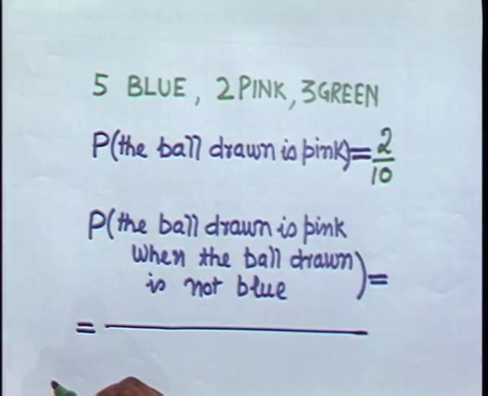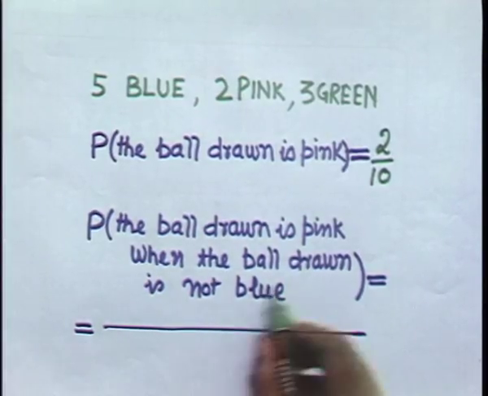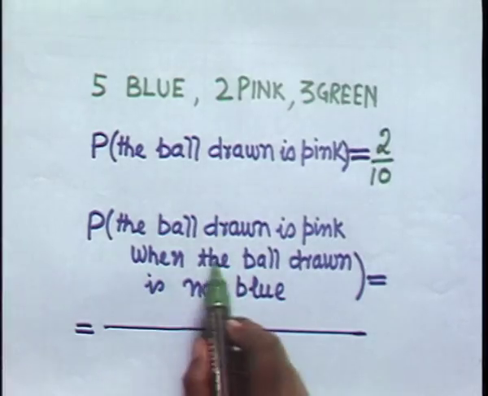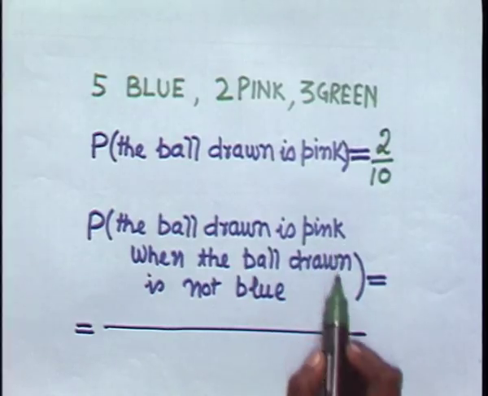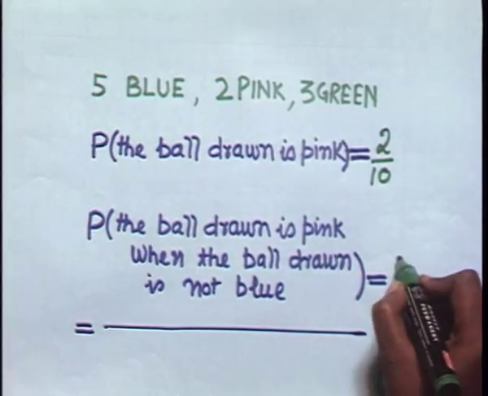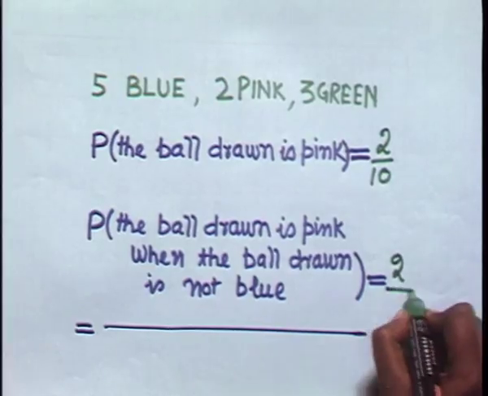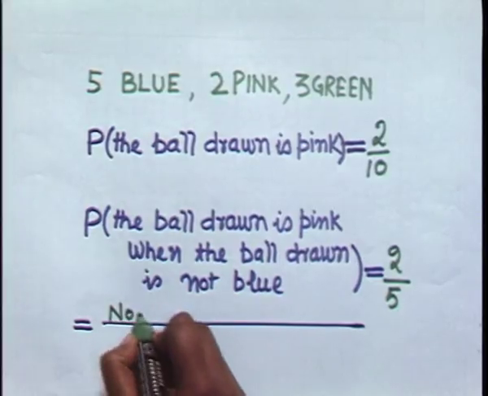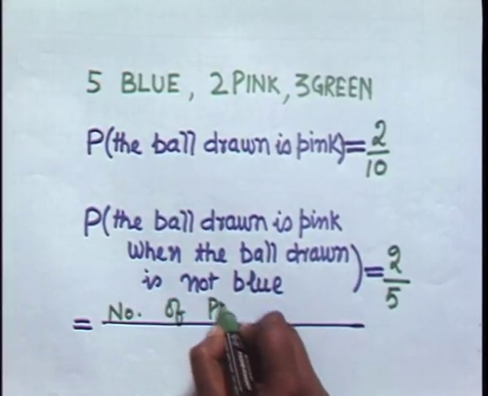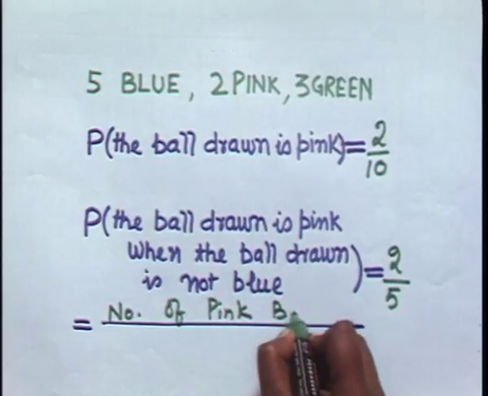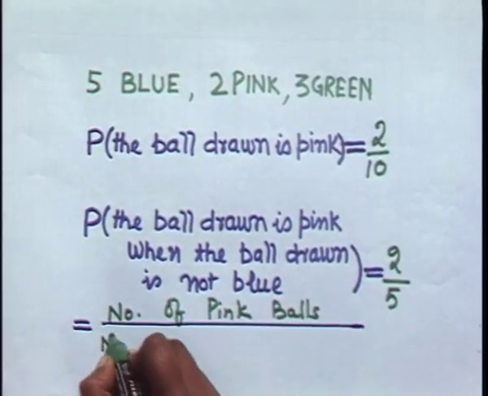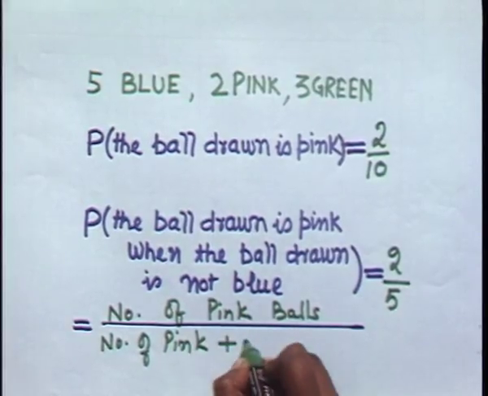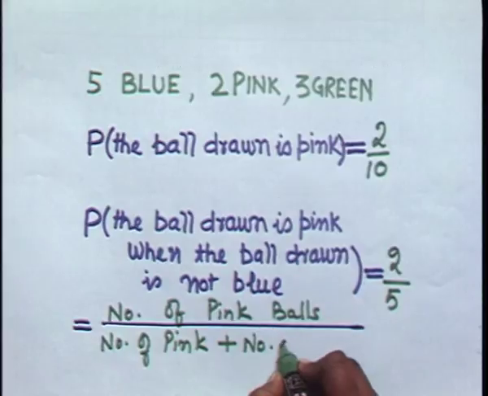But when the condition has been imposed that the ball drawn is not blue, then in that case the probability of the ball drawn is pink when the ball drawn is not blue will be equal to 2 upon 5, that is the number of pink balls upon the number of pink balls plus the number of green balls.